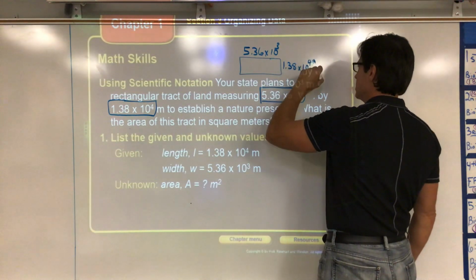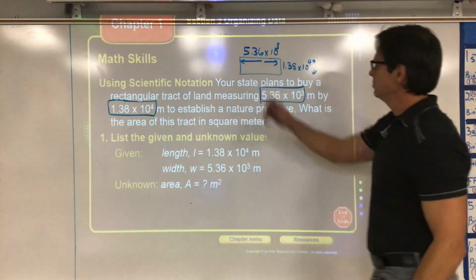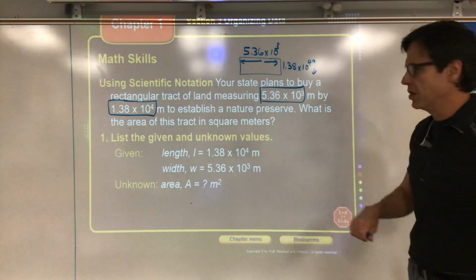So that's basically telling me this distance is here and this distance is here, because it says it's rectangular. I'm just showing you a little visual here.